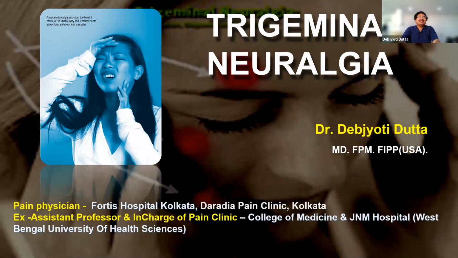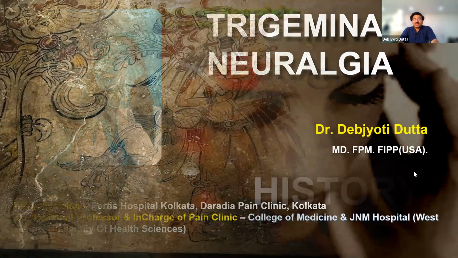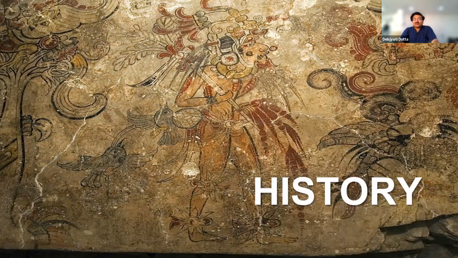Okay, fine. So today, this is another topic, and this is again a core area of ours: trigeminal neuralgia, like post-herpetic pain. So let's look a little bit at the history of trigeminal neuralgia. It is one of the oldest kinds of pain known to mankind.